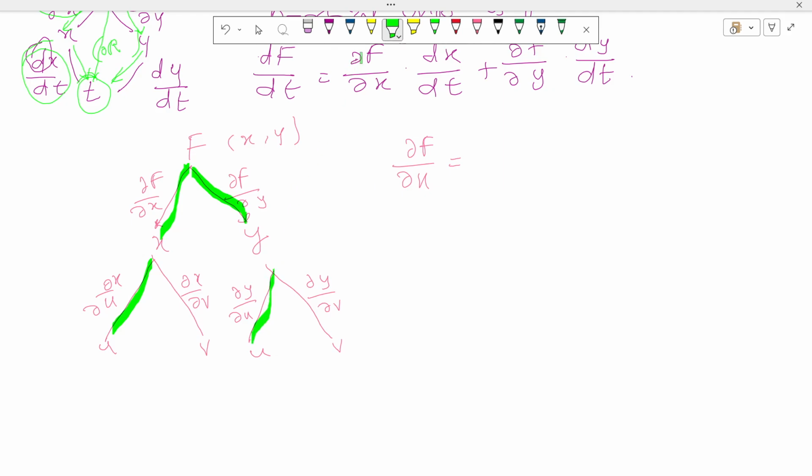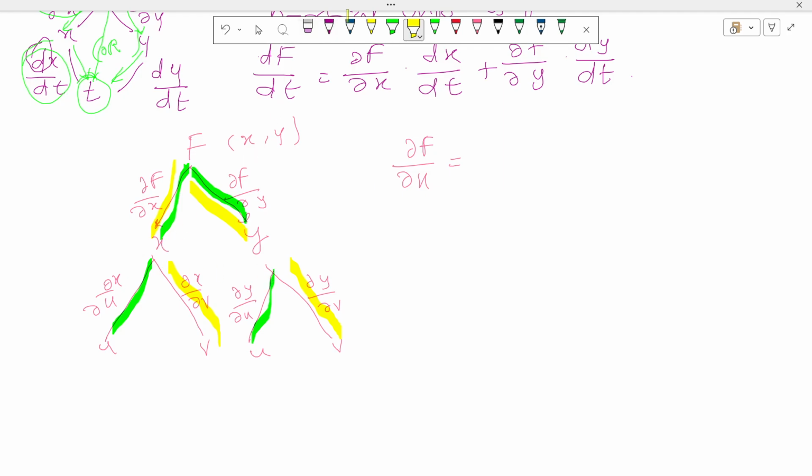This is one way. The second way is if I want to come to v, either you come to x, x to v, and then come to y, and then come to v.